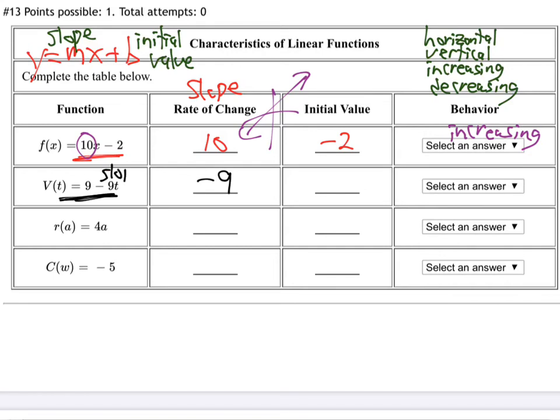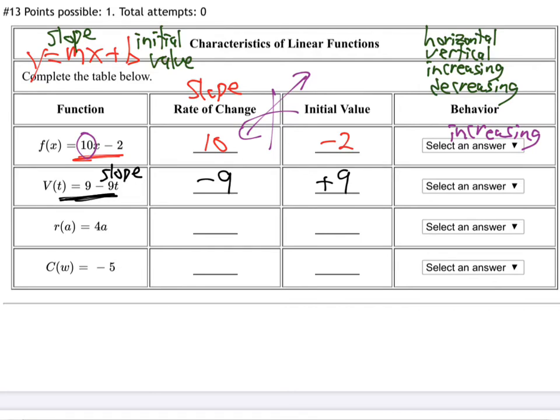So this one's the slope now because they put the letter on the right side, didn't they? And what's the initial value? 9. The +9, the regular 9. That makes sense? So the slope is what's next to the variable. It's what's going to make it vary, make it change, right?